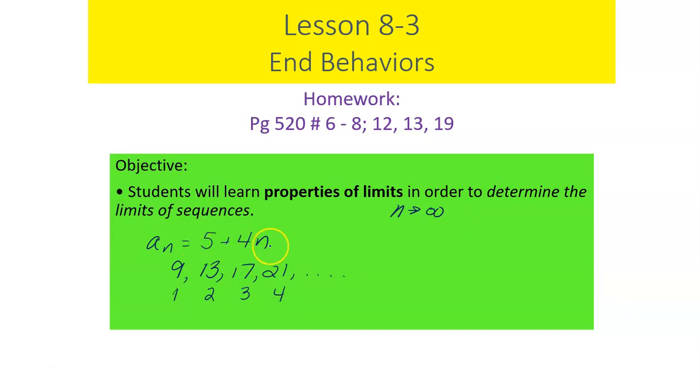Since this was given in explicit form, I can find the 100th term: 4 times 100 plus 5 is 405. The 1000th term is 4 times 1,000, 4,000, plus 5. These numbers are just going to keep getting larger and larger.